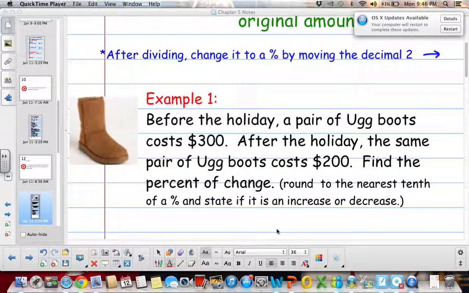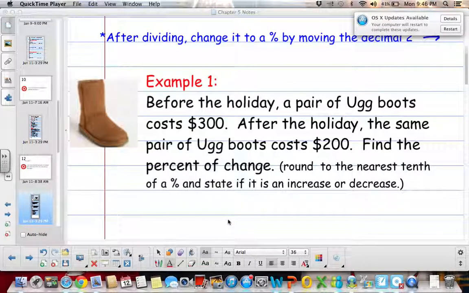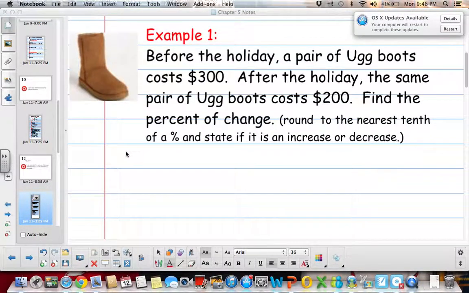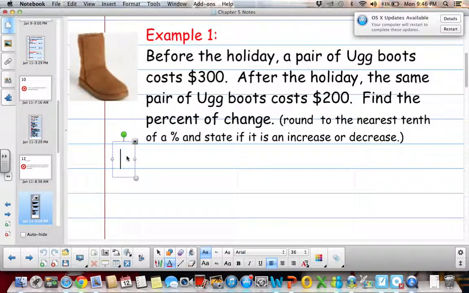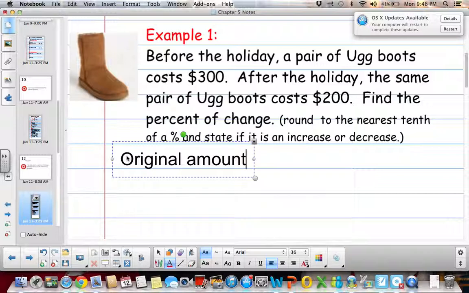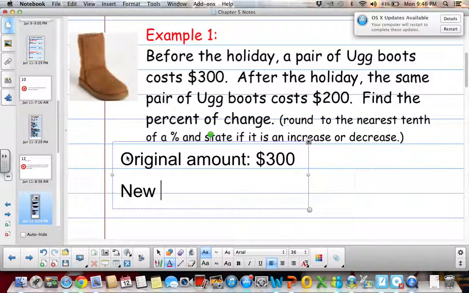So before the holiday, a pair of Ugg boots cost $300. After the holiday, the same pair of Ugg boots cost $200. Find the percent of change. So I am just going to write this out so we know that our original amount is $300, and our new amount is $200.